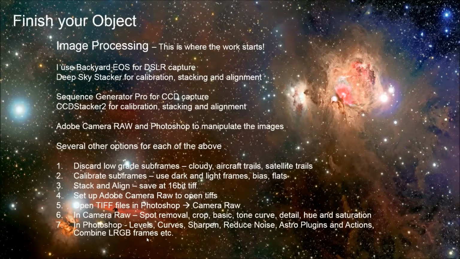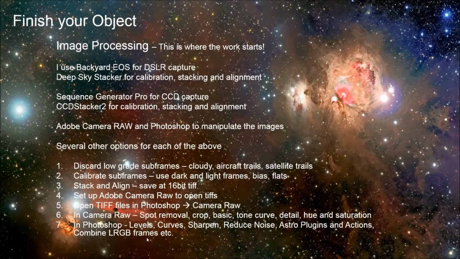Then you use the software to bring in your calibration files, your darks, your flats, and your bias, and use those to calibrate the light frames. Then you stack them, which gives you one output image that's going to have better signal to noise ratio and maybe even better resolution based on drizzle or some, there's all kinds of stacking tricks.